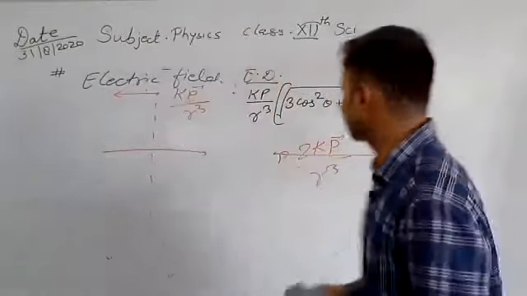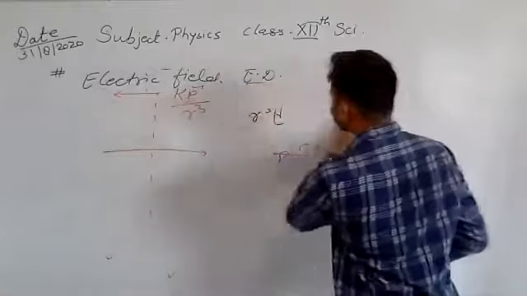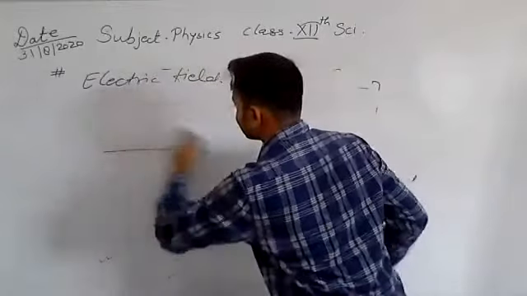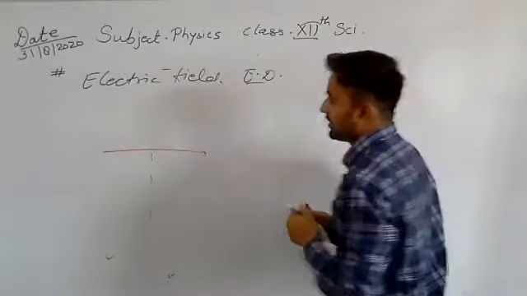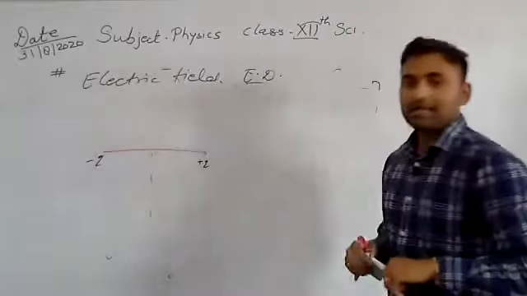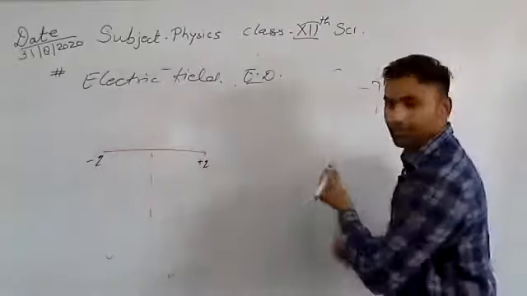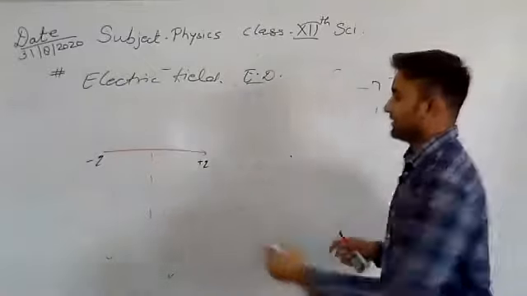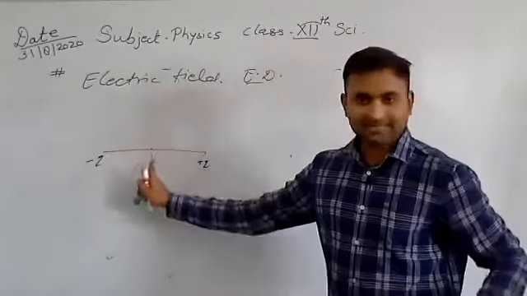Okay, let me tell you this. You know Coulomb's law, right? It is minus Q, it is plus Q. Let's say on the axial point, the distance is calculated from the center of the dipole.